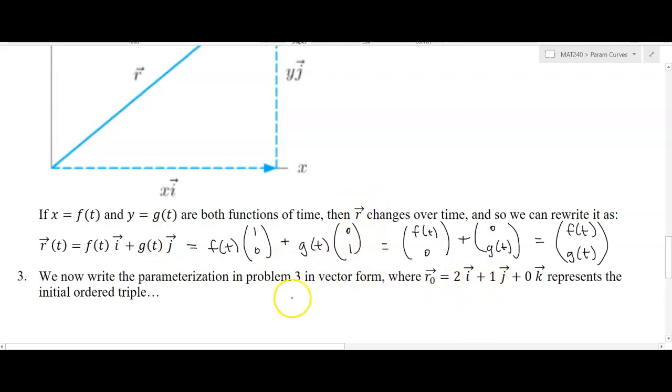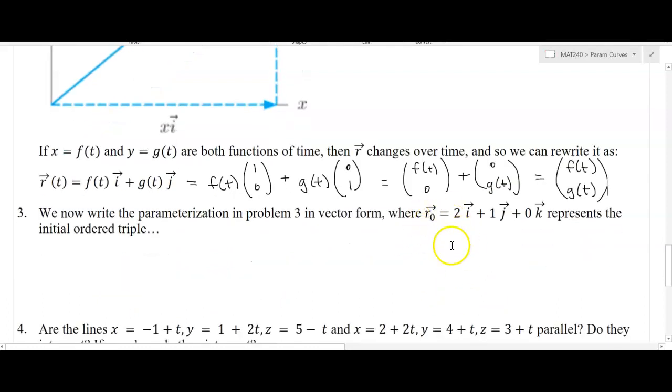So we can now reparameterize the problem in problem 3 in vector form, where r0 was the position of the particle at time 0. From above, when we wrote r of t as 2 minus 0.2t, 1 minus 0.1t, and 0 plus 0.3t, we could separate this into two vectors.